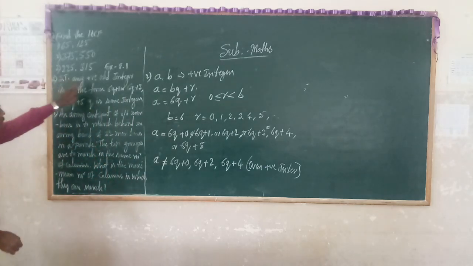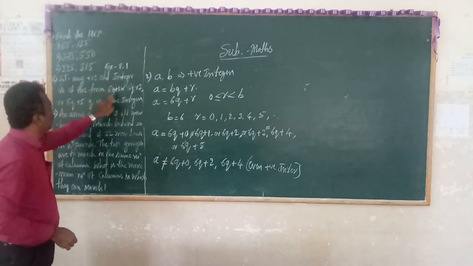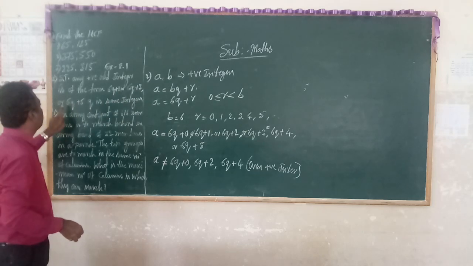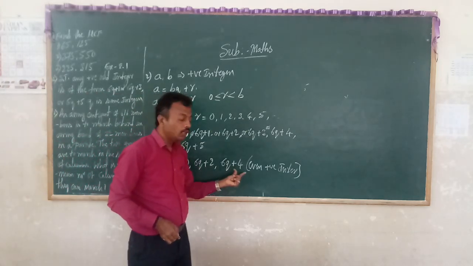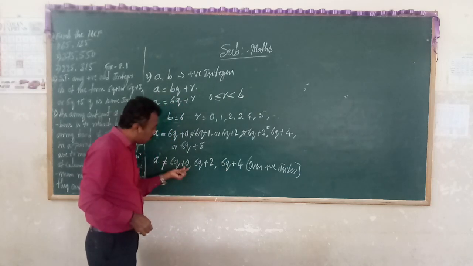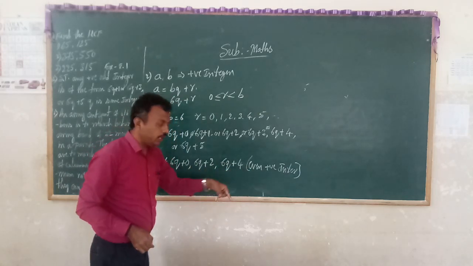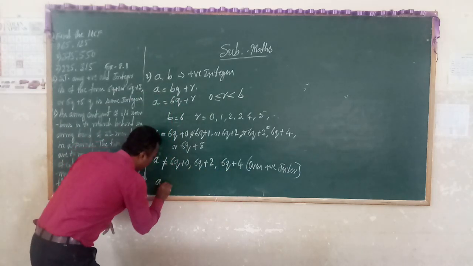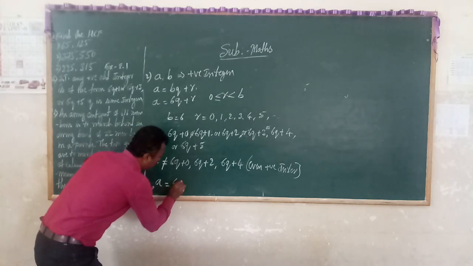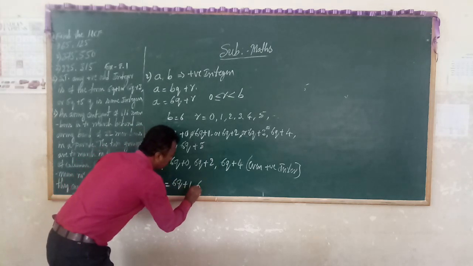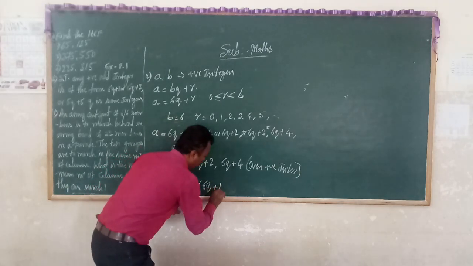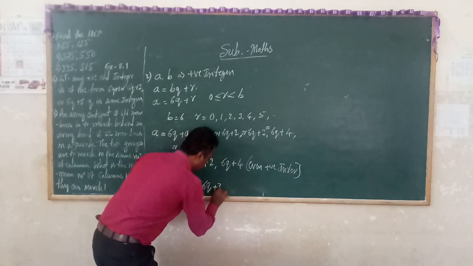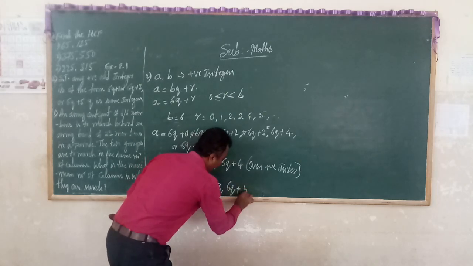In the question, any positive odd integer is in the form of 6q plus 1, 6q plus 3, 6q plus 5. But 6q plus 0, 6q plus 2, 6q plus 4 cannot exist because 0, 2, 4 are even. Therefore, a can only be 6q plus 1, 6q plus 3 and 6q plus 5.